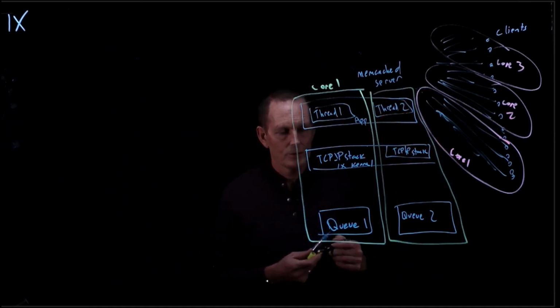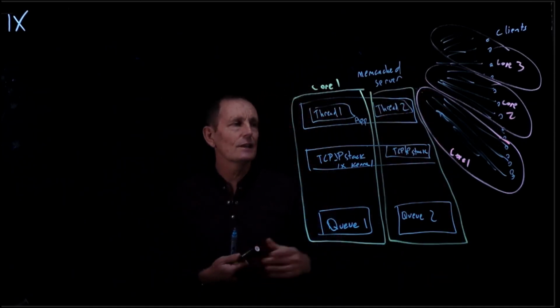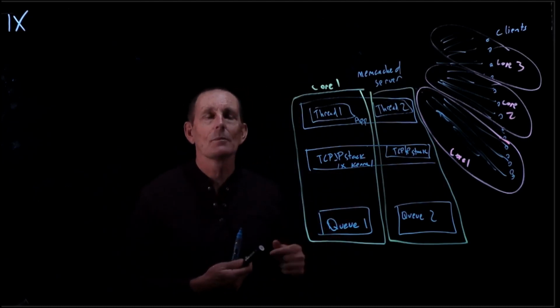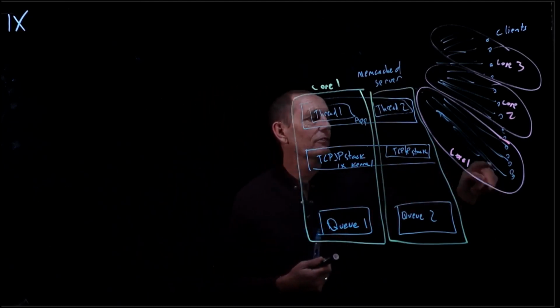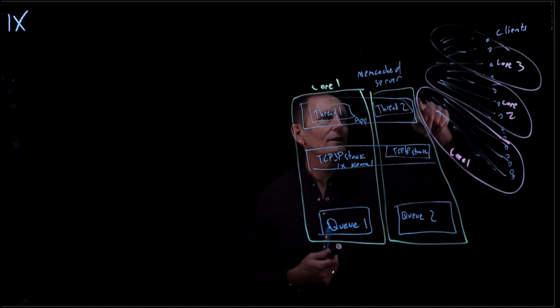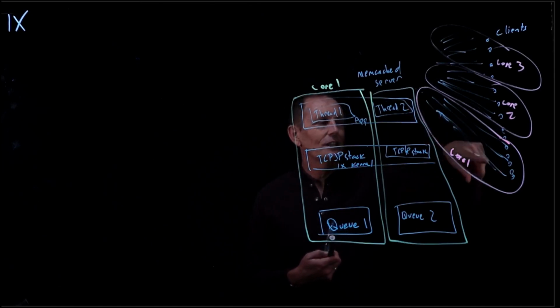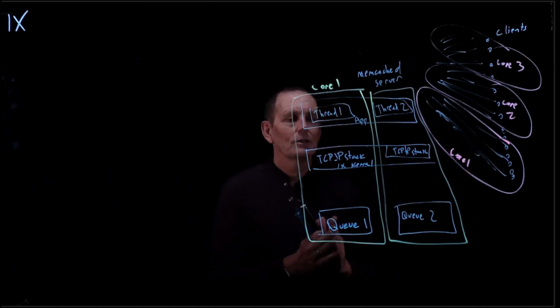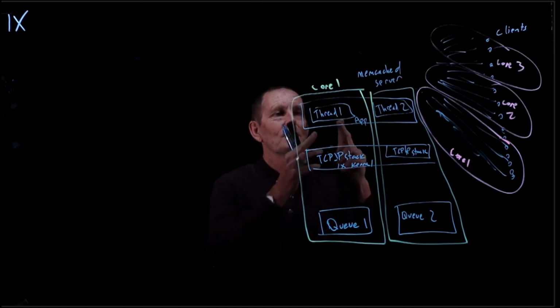And the same thing for multiple cores. And the idea is we shouldn't have to have any locking between these because they'll be completely independent. So we'll have, for instance, one connection here that as we are sending and receiving data on this connection, it's going through, let's say, Q1, going up through this TCP/IP stack, up through its thread, and so on.